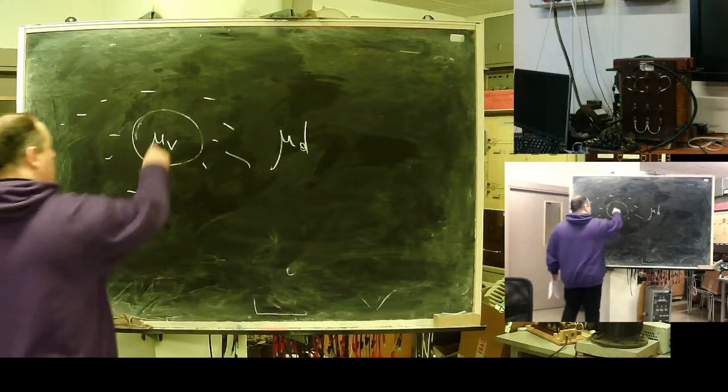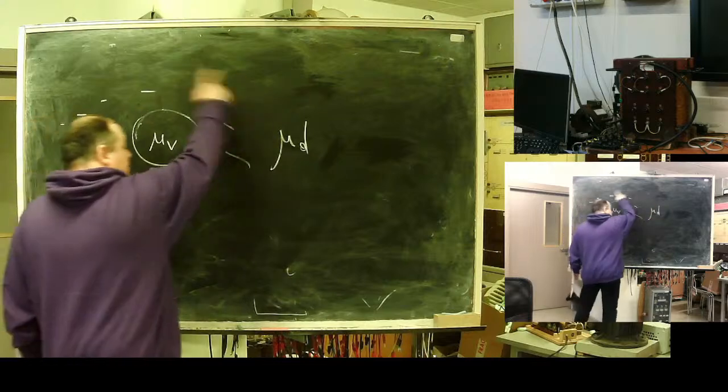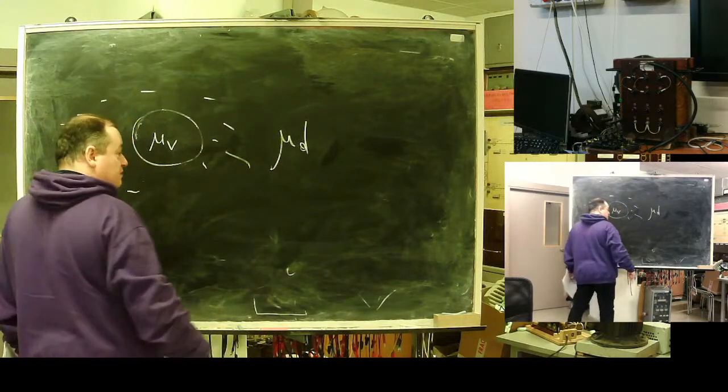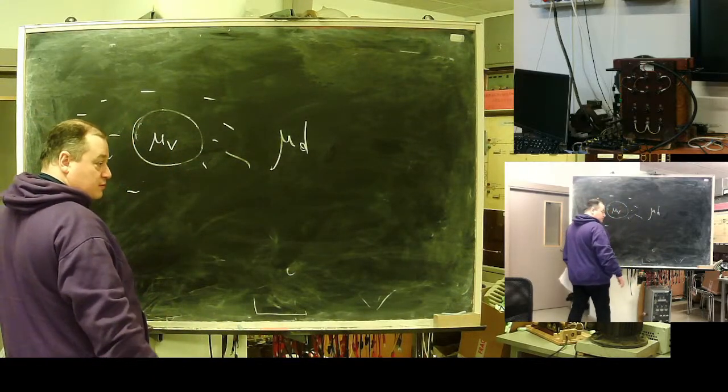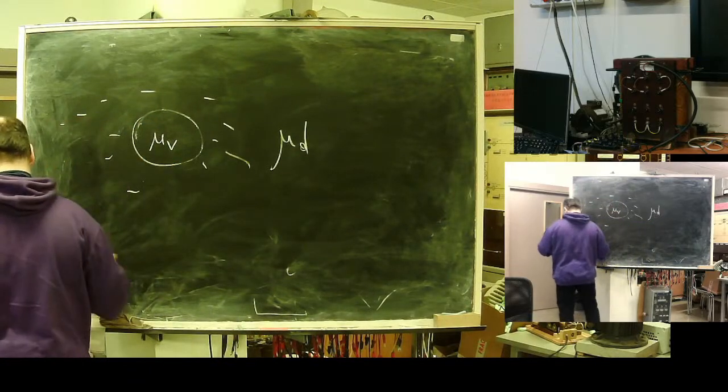So we have a wire with magnetic conductivity in the area, or image of the dielectric with magnetic conductivity mu D.